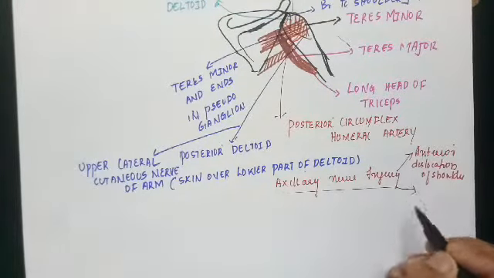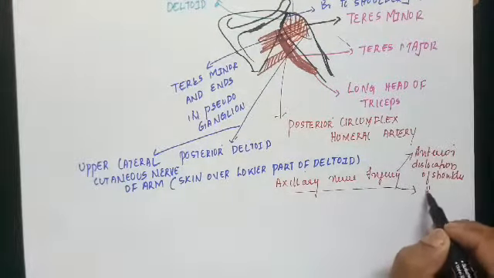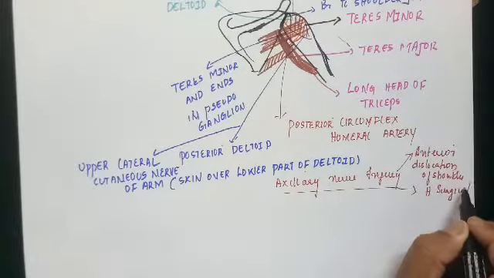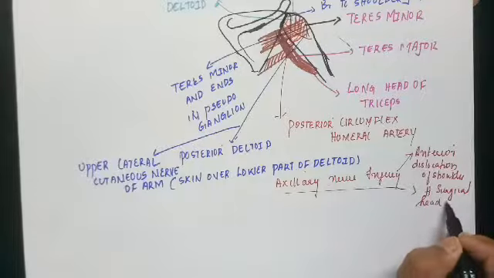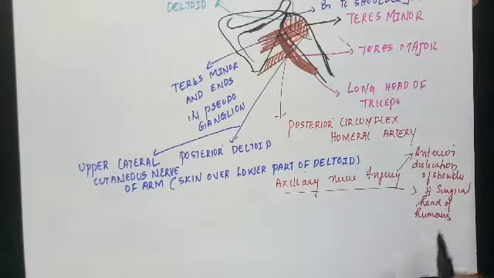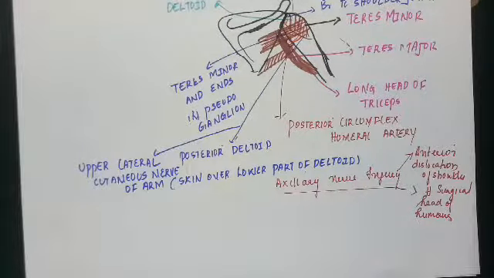Another case is fracture of the surgical neck of humerus. And how do you test the nerve? How do you get to know that the axillary nerve is injured?